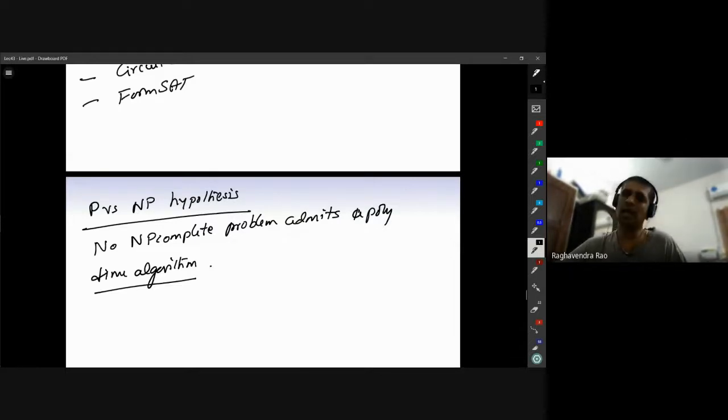Till date no one has proven or disproved it, so we don't really know the truth about it. But it's widely believed that this is the truth, a reality we have to live with.